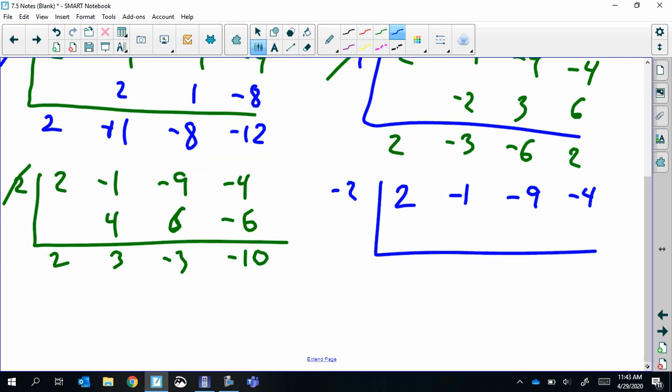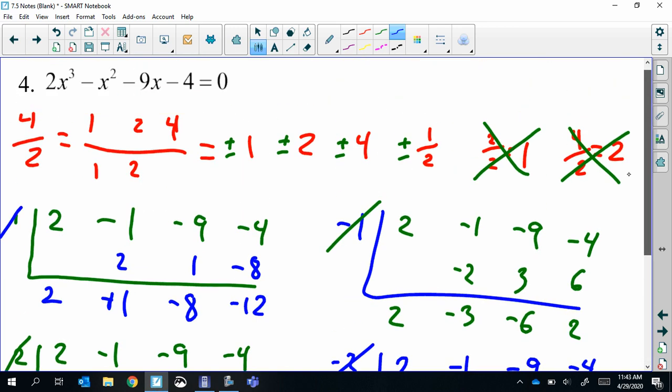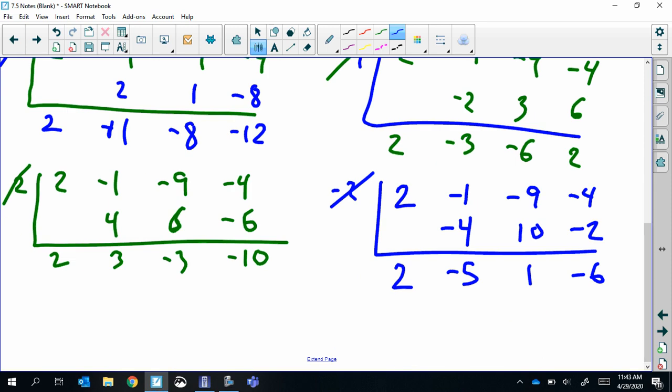Oops. So we add, and then multiply, add, and multiply, add, and multiply. Still not working. What's our next number? 4. 4 and negative 4, so let's try those.